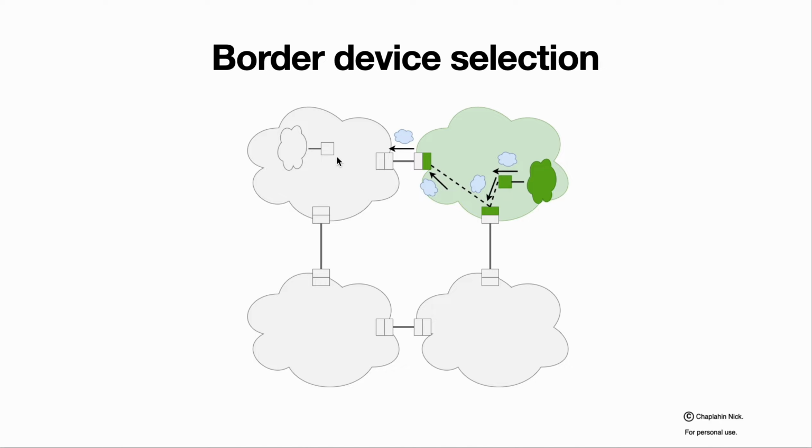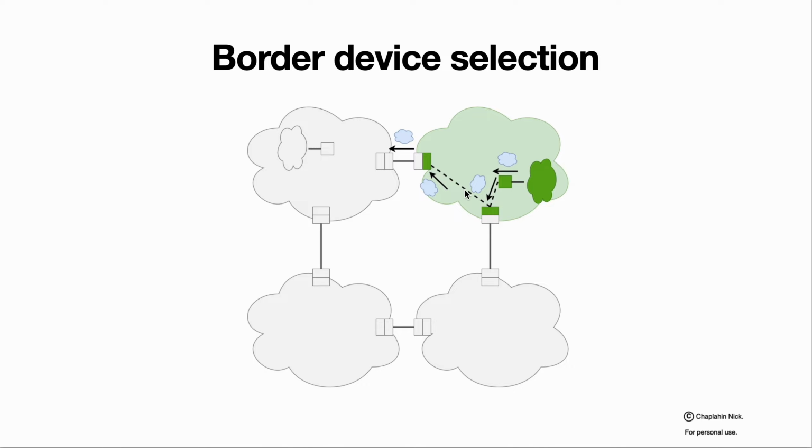On this BGP border router, we can receive information externally from a neighboring autonomous system, or we can receive information about reachability to the B3 network from our peer device inside our autonomous system.